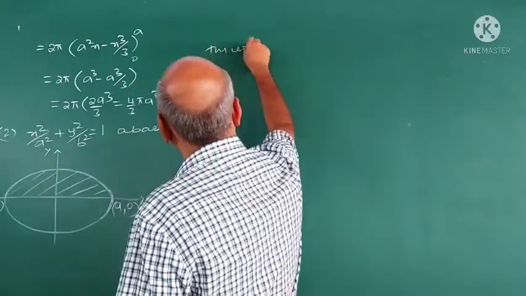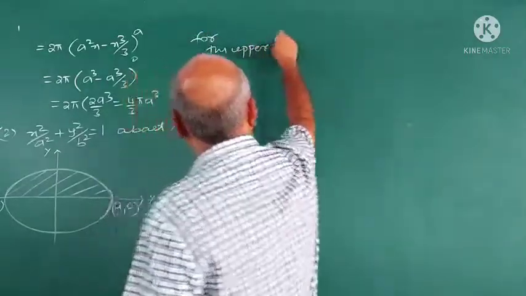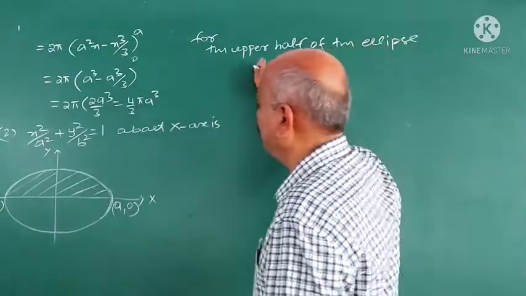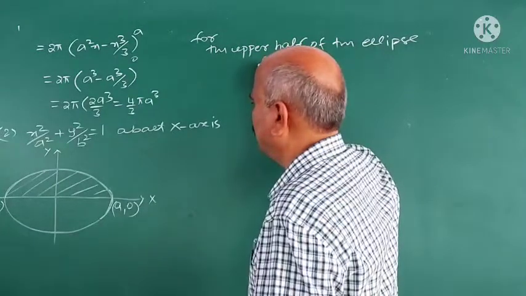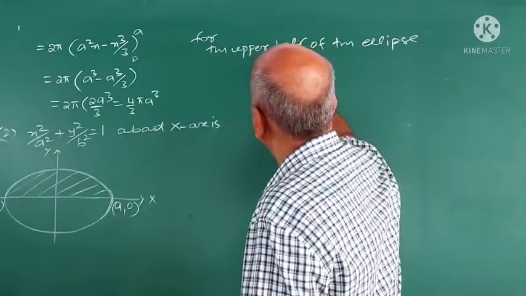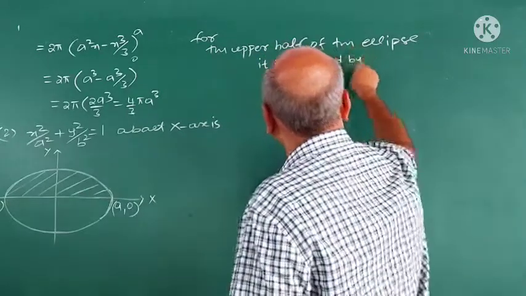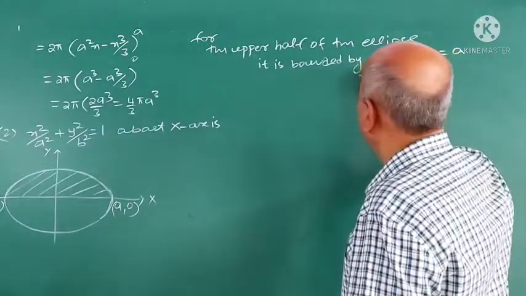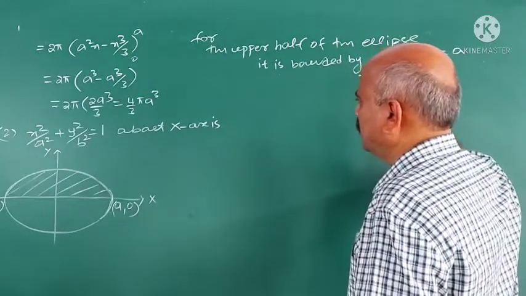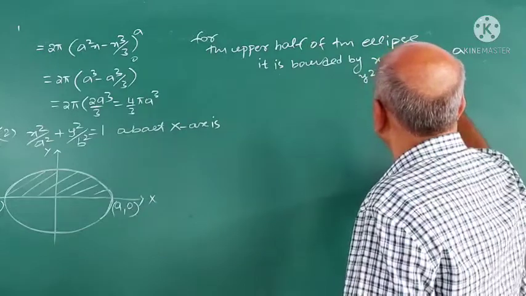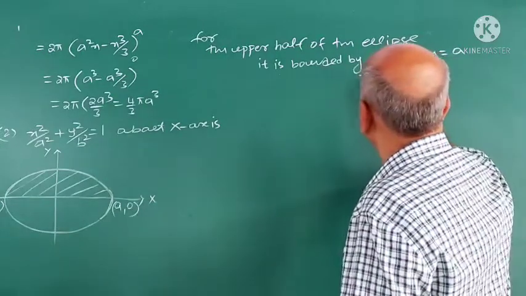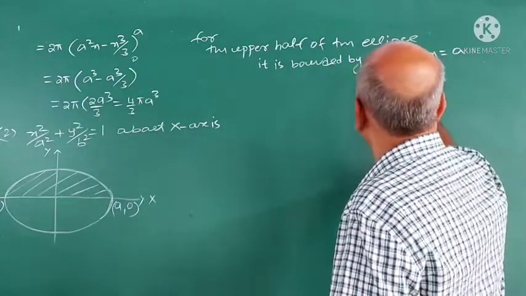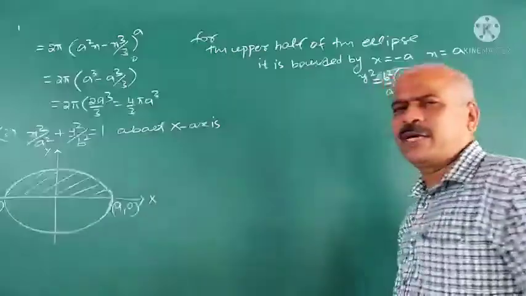For the upper half of the ellipse, it is bounded by x equal to minus a, x equal to a, and y square is b square upon a square into a square minus x square. Am I correct here?